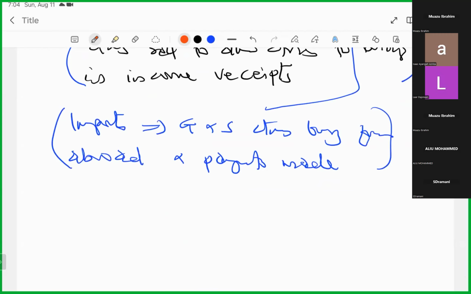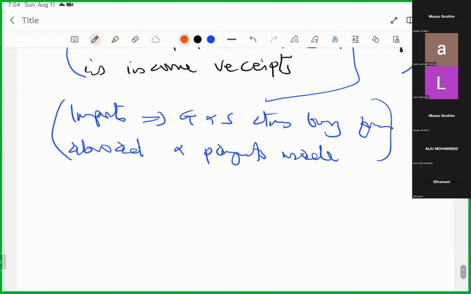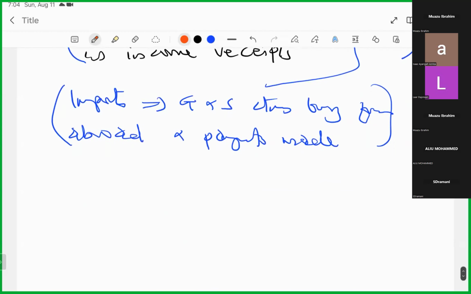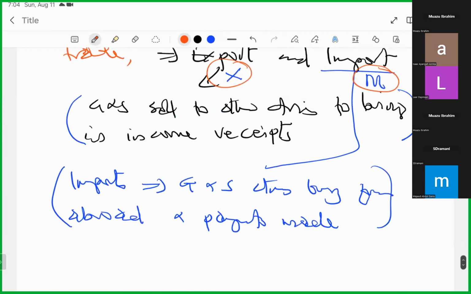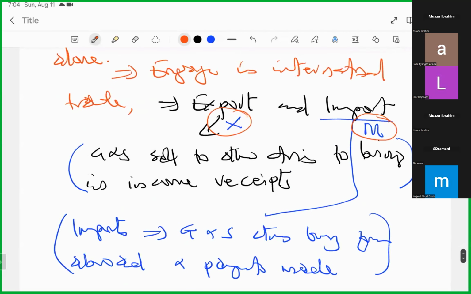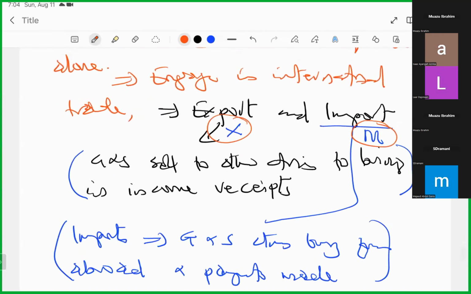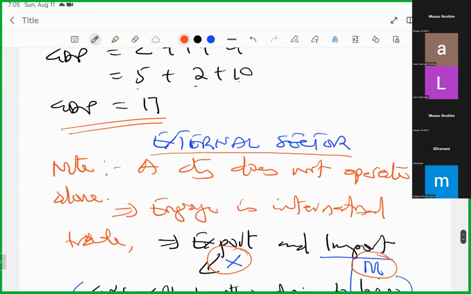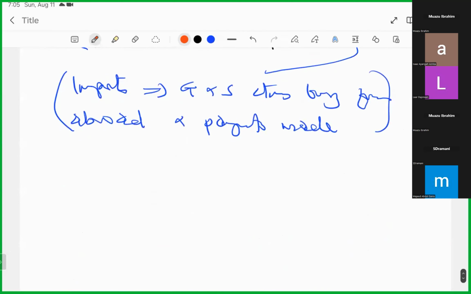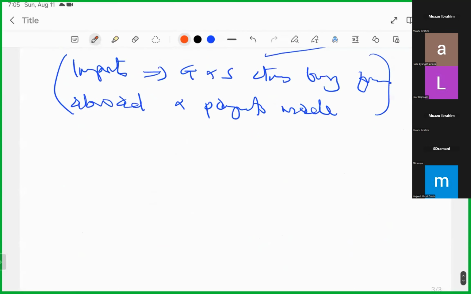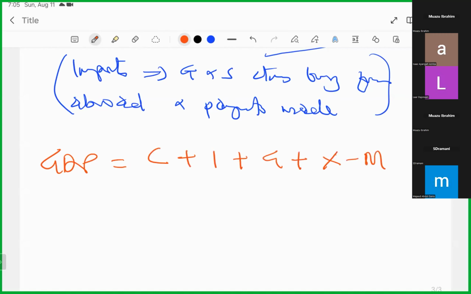Now, please note, and this I will ask you in the exams, if a country does not engage in international trade, the country is operating alone. Now, if you want to add the external sector to the GDP, then by considering the external sector, our GDP would now be consumption plus investment plus government expenditure plus exports minus imports.